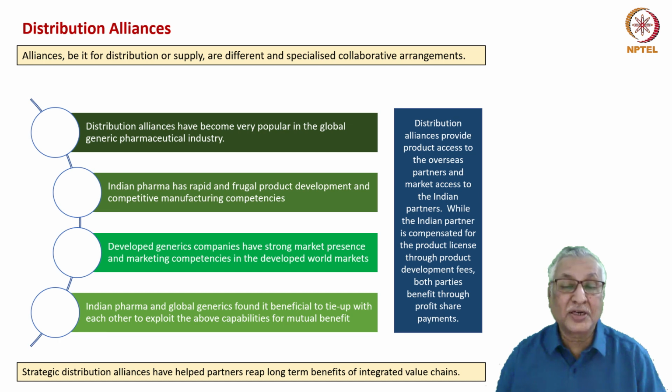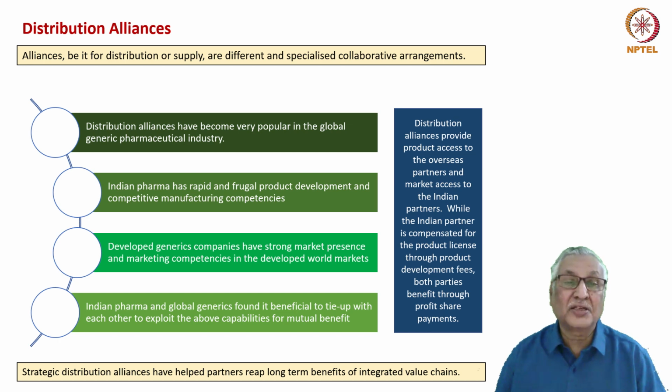Whereas developed generic companies such as Apotex, Hospira, Alpharma, and Allergan used to have strong marketing presence and marketing competencies in the developed world markets. Together, therefore, Indian pharmaceutical companies and those developed generic marketing companies join forces to make an end-to-end value chain in the pharmaceutical industry.